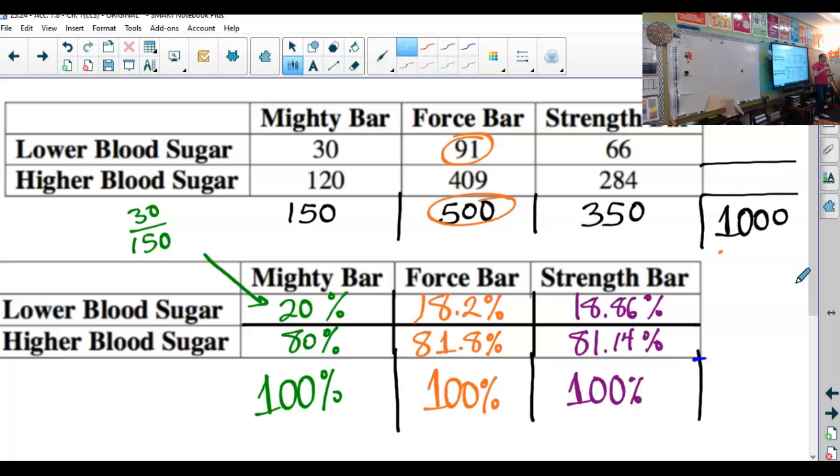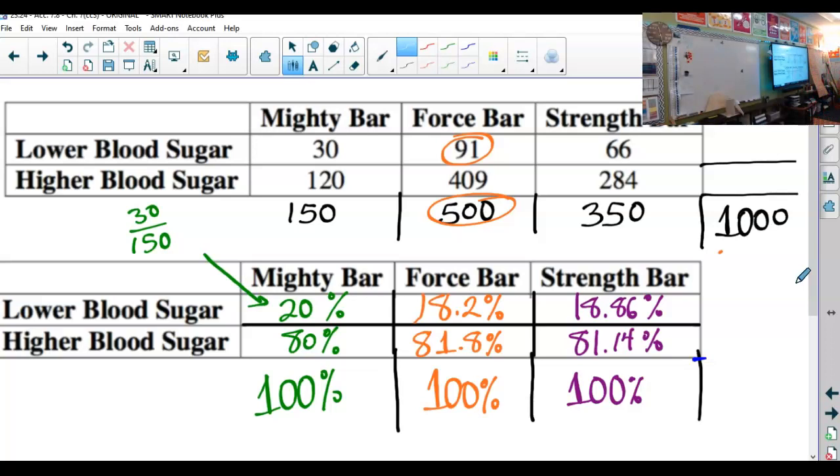So here's the biggest thing that you need to know. What you said is true, yes. Where you do your 100% is the independent variable.